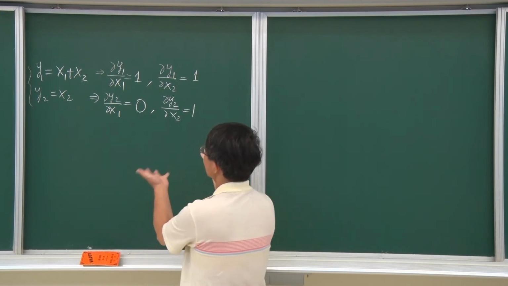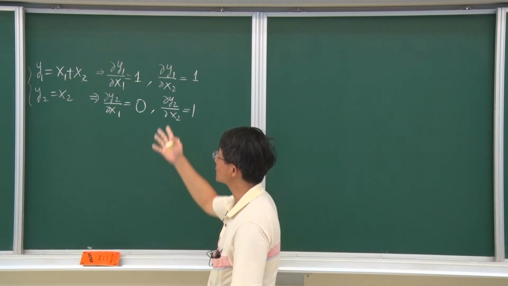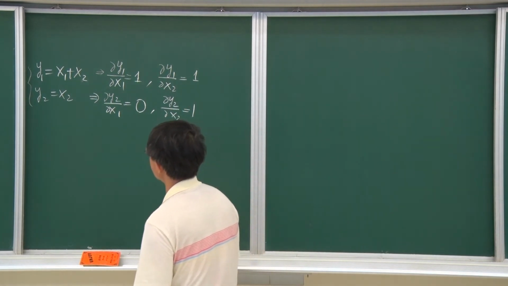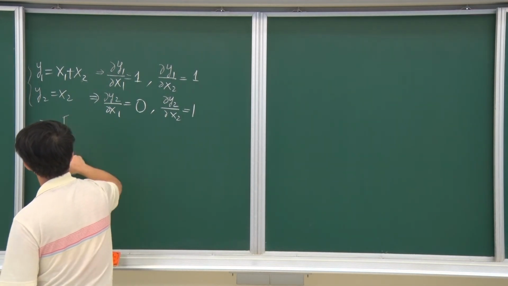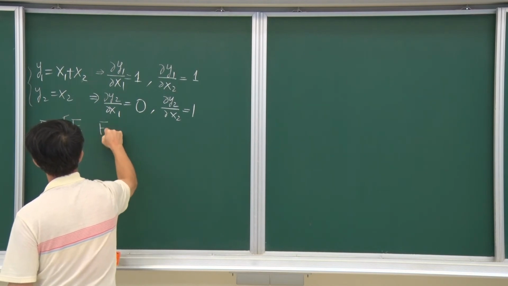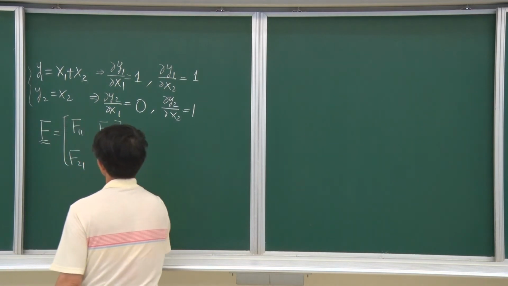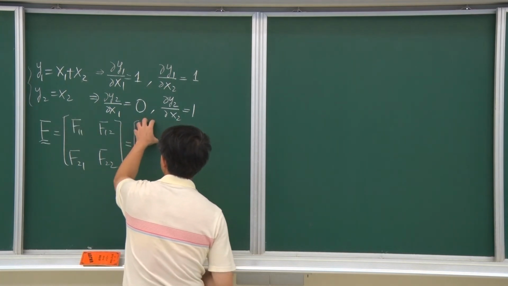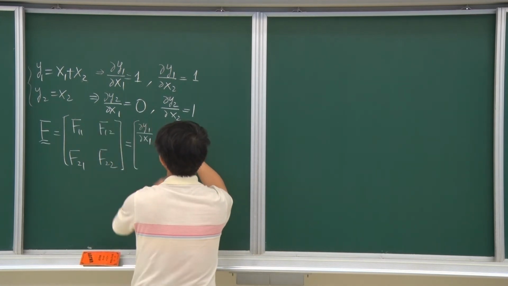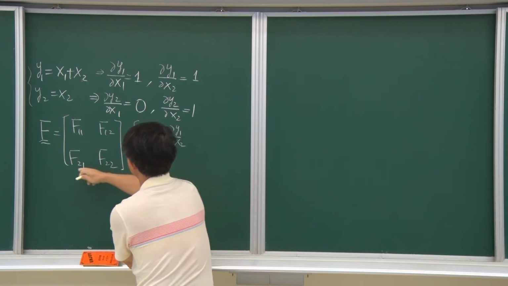Okay, this is the mathematical expression for those components of the deformation gradient. F11 is just this term here. F12 is just this. F21 is just this.